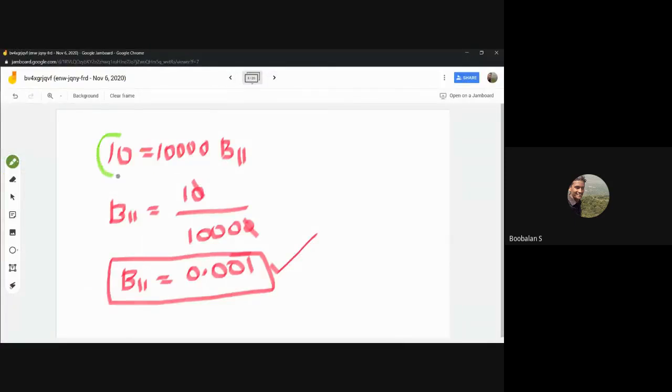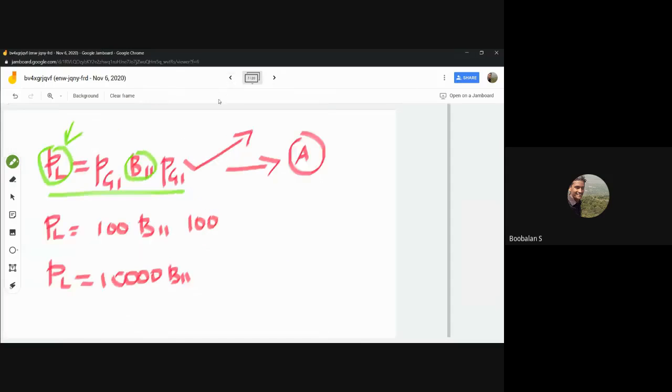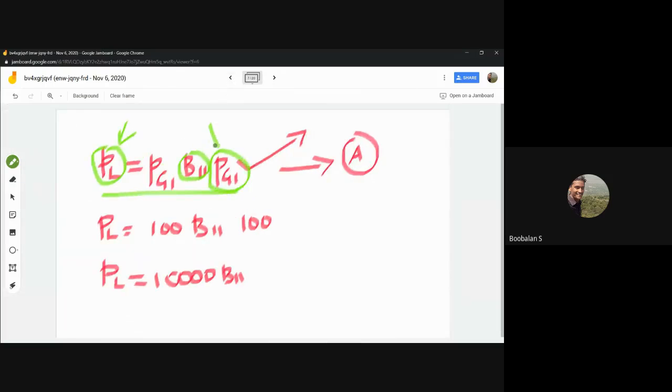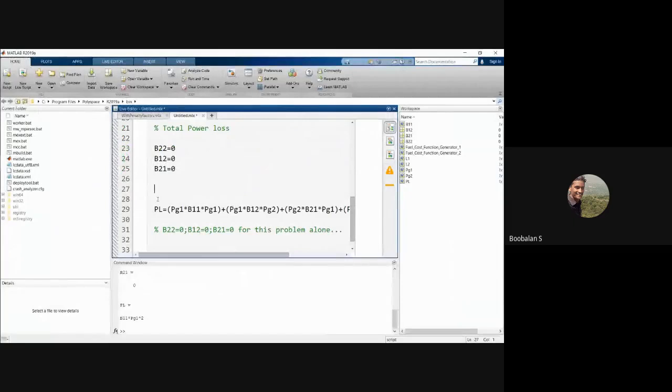We are going to substitute the PL and PG1 values. With the help of the PG1 and PL values only, we are going to calculate B11. So for that we are going to introduce one more variable with a simple formula, that is called B11.